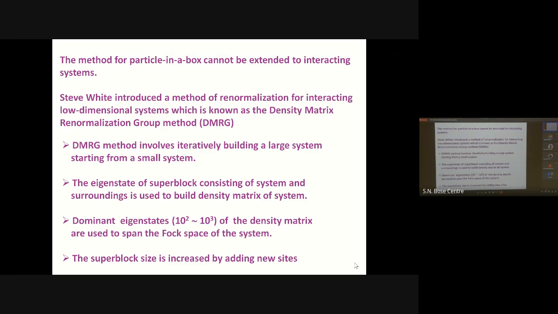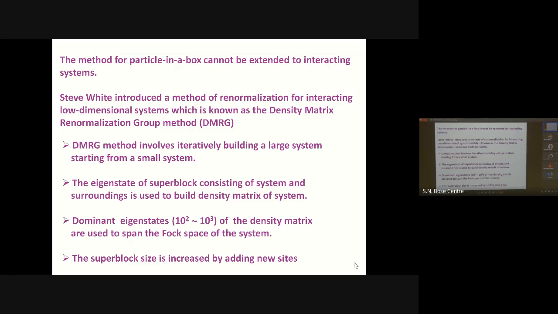Say, for example, you have a system of about 4 sites or 6 sites. You obtain the ground state of the 4 or 6 site system and construct the density matrix for one part of the system, like the left block, which is 3 sites, and the right block, which is 3 sites. When you get the density matrix for that part, you diagonalize it and keep only a few of the states with the dominant density.